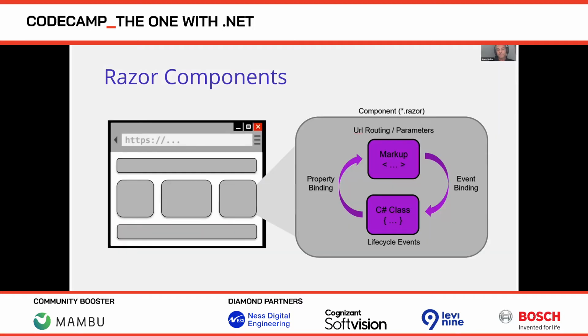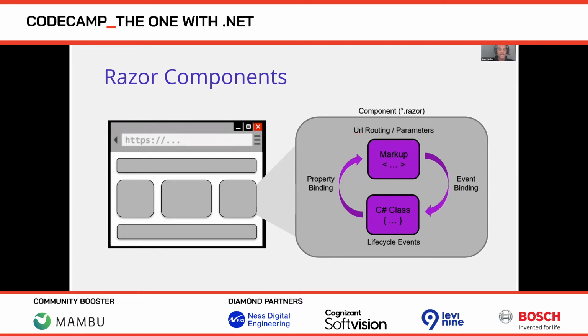If you visualize what a Razor component is, it's essentially a bit of HTML markup that makes up part of your user interface. A component is a file, a .razor file, and components have all of the major capabilities that you would expect a component requires, such as routing and the ability to pass parameters to a component.